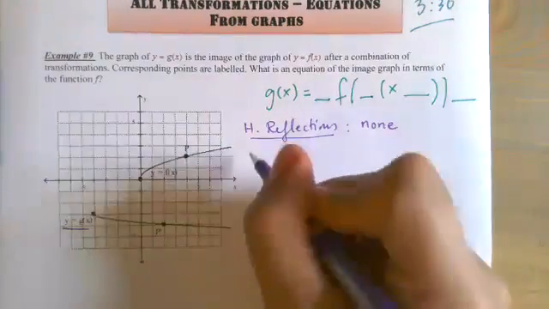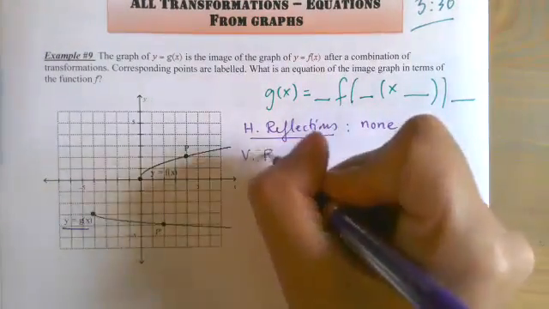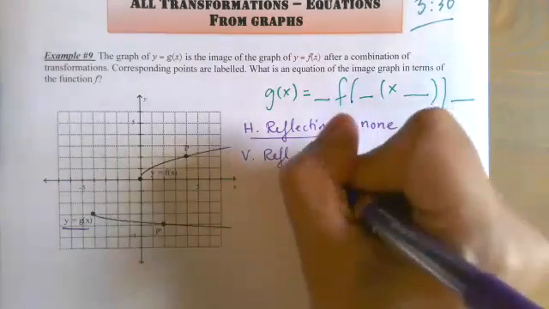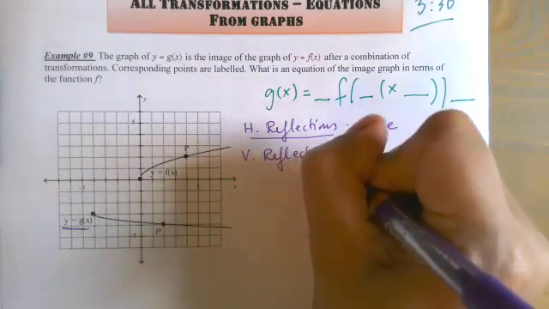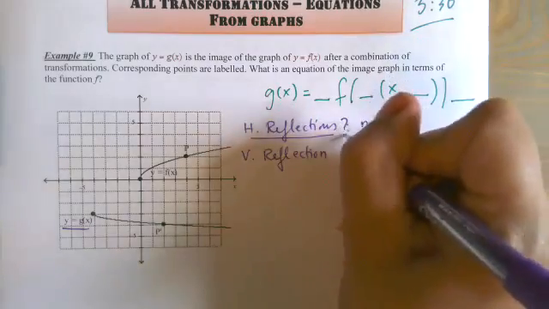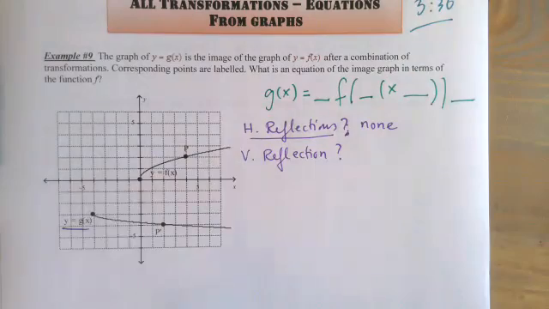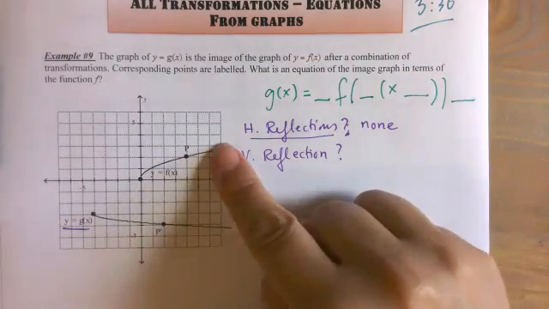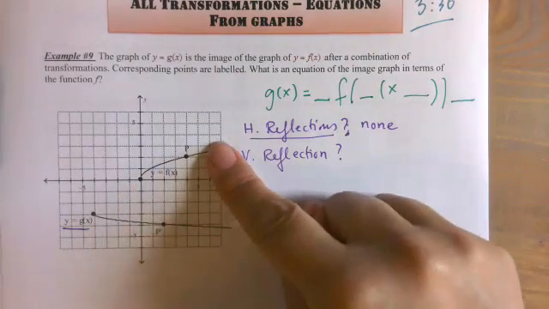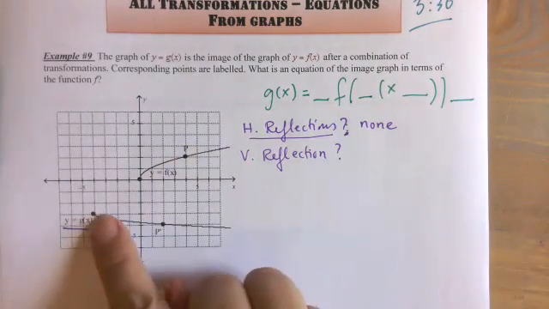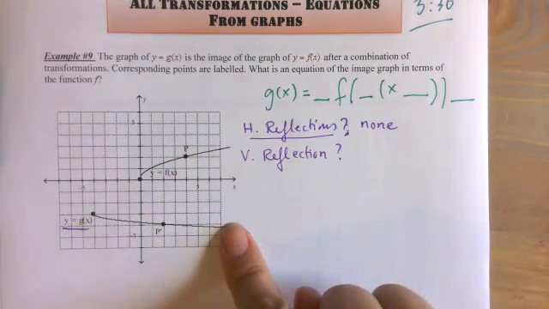But how about vertical reflection? This is the graph, and it's going upwards above the x-axis. Our second graph, the image one, goes underneath the x-axis in that direction.